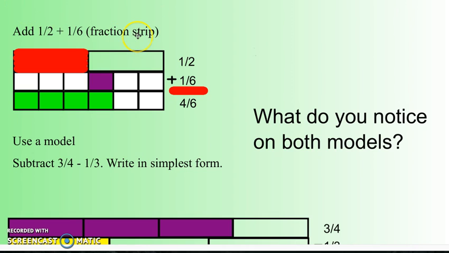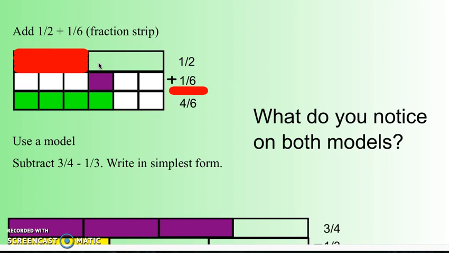We have denominators that are uncommon, that are different from each other. So look at this model. Okay, so here is 1 shaded out of 2 equal parts. And so what fraction does that represent? Exactly, 1 out of 2 is 1/2.